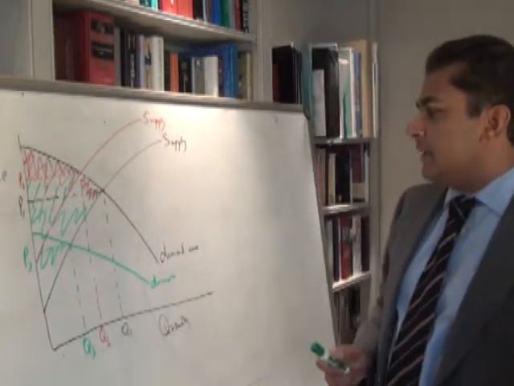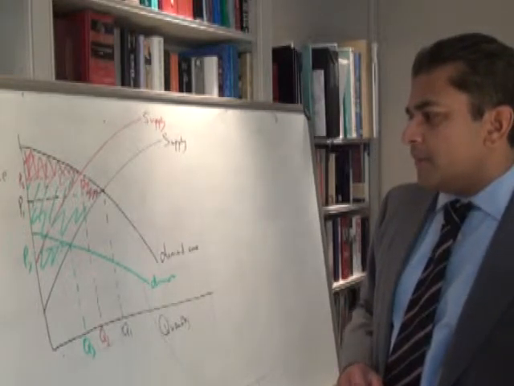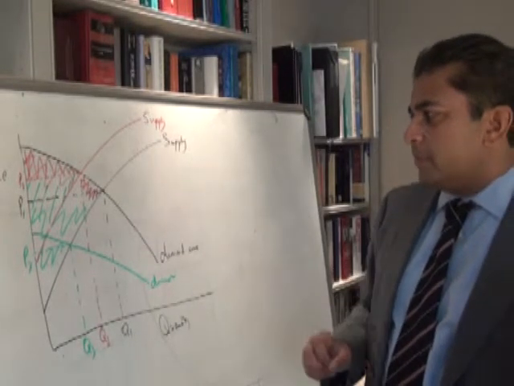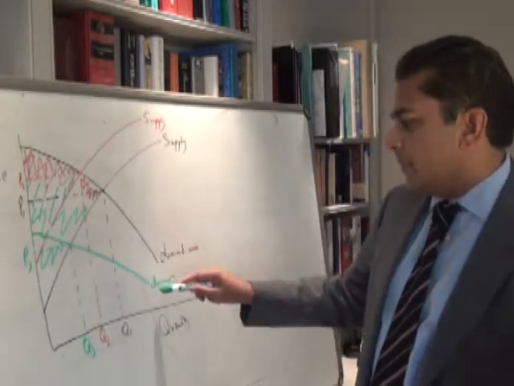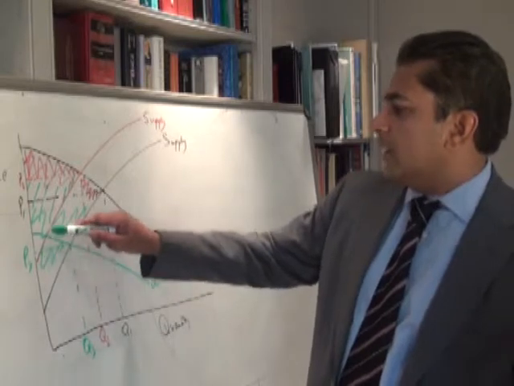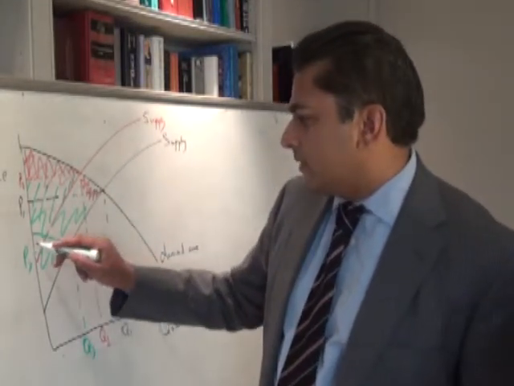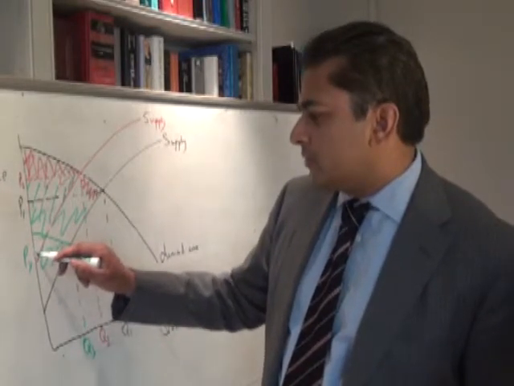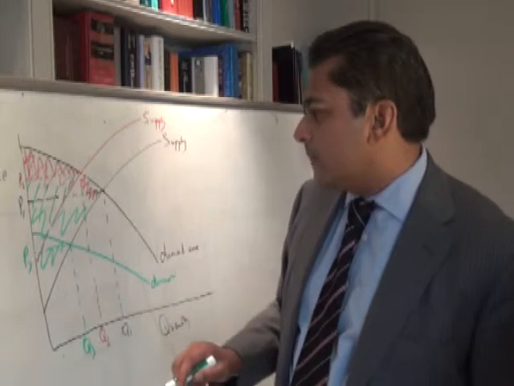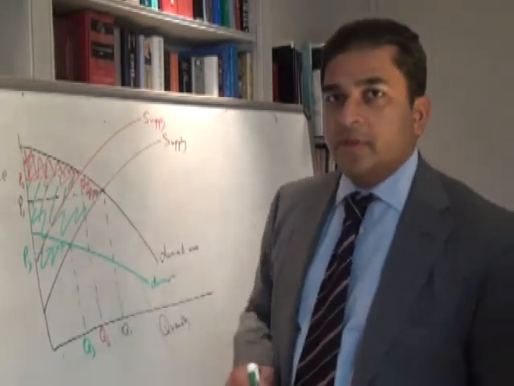Now we can see what we've done to the producer surplus and the consumer surplus, because you've got the demand curve here, you've got a supply curve here, you have a consumer surplus that is just this tiny little area, you've got a producer surplus that is just this tiny little area, and you've got a huge deadweight loss in the economy.